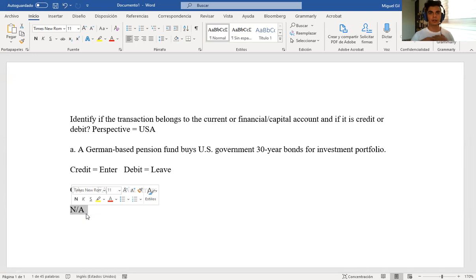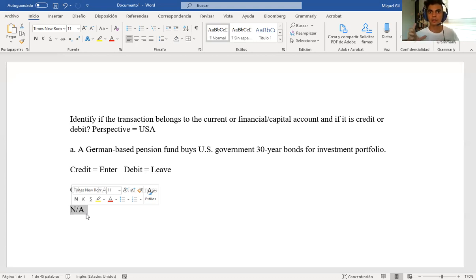Another question: I send my computer to Europe and someone from Europe sends back a photo camera. Again, there is no transaction of money, so there is no transaction.